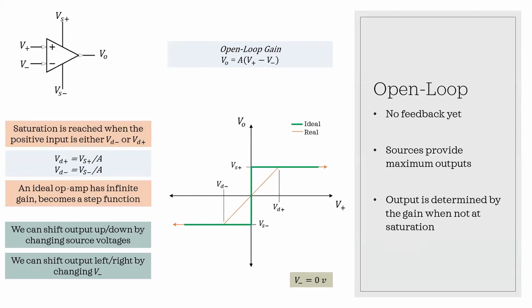And we can shift left or right by changing our reference voltage, which in this case is our inverting input, V minus, away from 0. So 0, or wherever the reference voltage is, gives us the point on our x-axis where we're going to cross over.